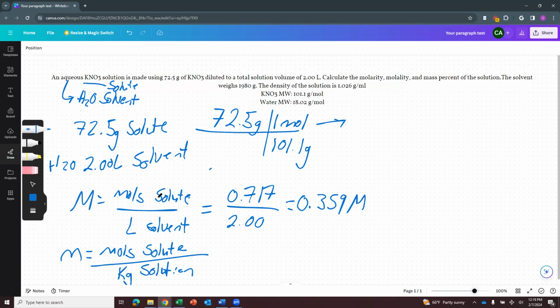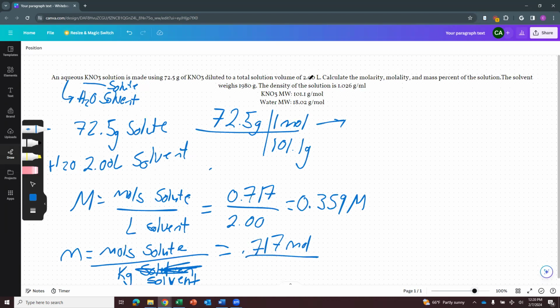Or sorry, I said kilograms of solution. Kilograms of solvent. Knew that was wrong, but I said it anyways. So 0.717 moles of solute, and that is divided by kilograms of solvent.